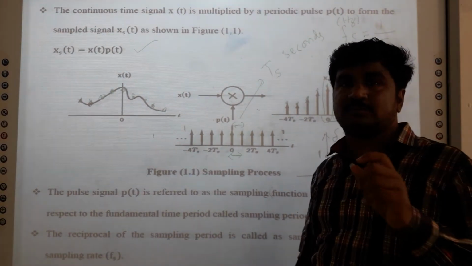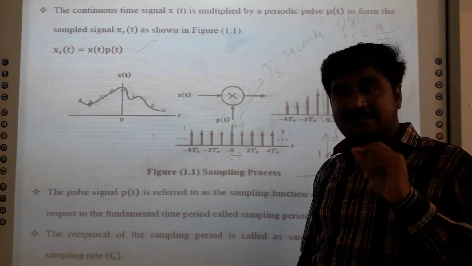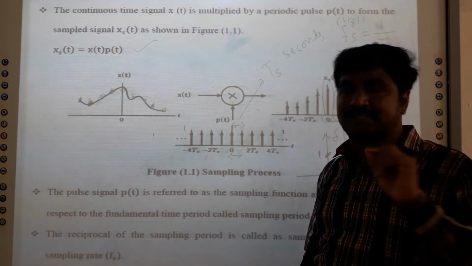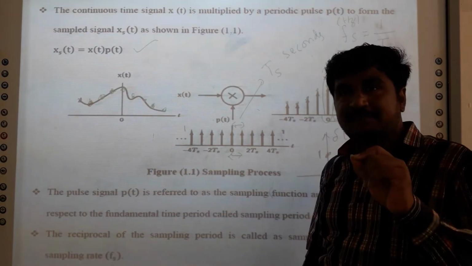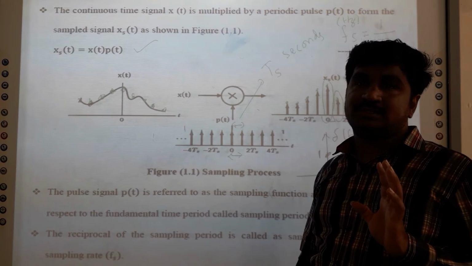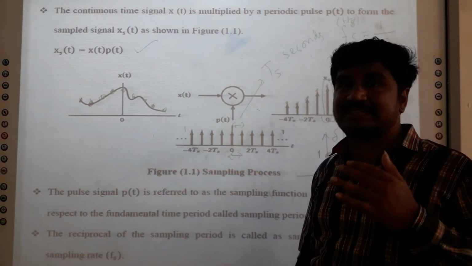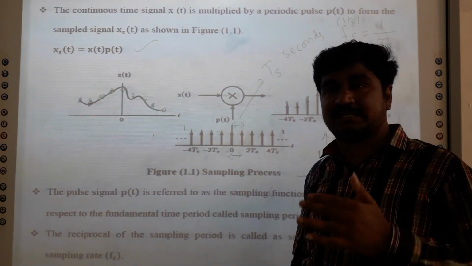These two parameters are very important in converting the continuous time signal into a discrete time signal. We may choose proper values for these two parameters to reconstruct the original signal.